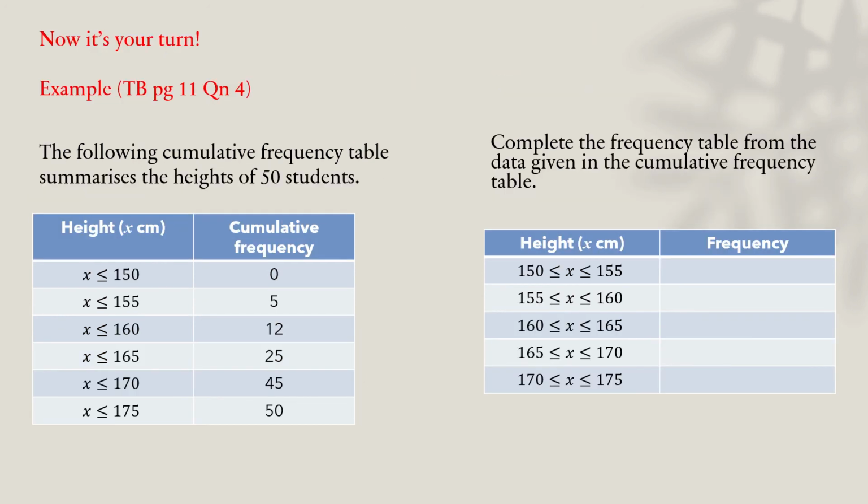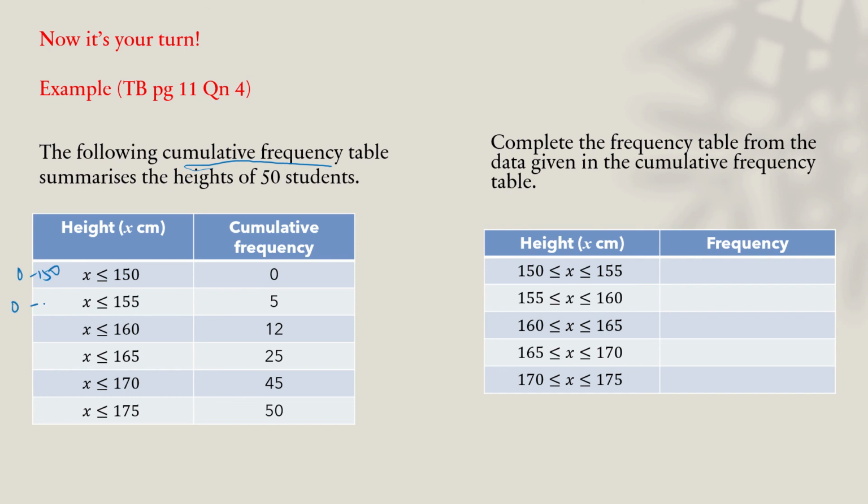So let's take an example for you to try on your own. The following cumulative frequency table summarizes the height of 50 students. We have 0 for students with height 0 to 150 centimeters. 5 students whose height is from 0 to 155 centimeters.